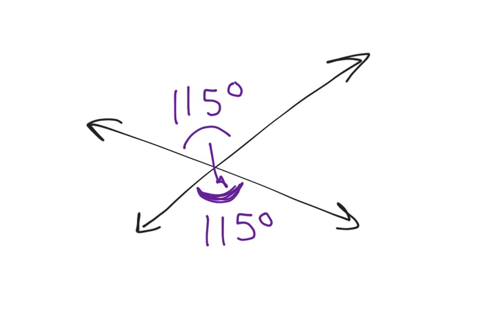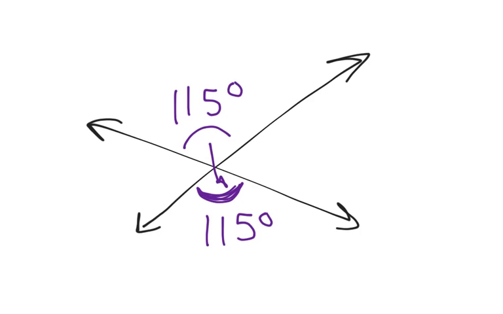And the same is true with the other pair of vertical angles. If I know that this angle here is 115 degrees, then I know that the vertical angle opposite it, this vertical angle here, is also 115 degrees.